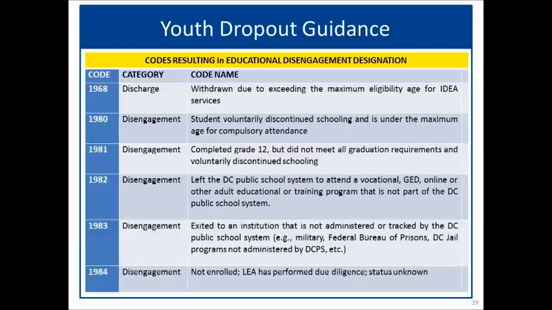It's voluntarily discontinuing schooling, leaving the DC school system for vocational, GED, or other programming, and being not enrolled, status unknown, that 1984 category, is also a dropout, and we really like to avoid that because we want to know the status of all of our students here in our care in the district.